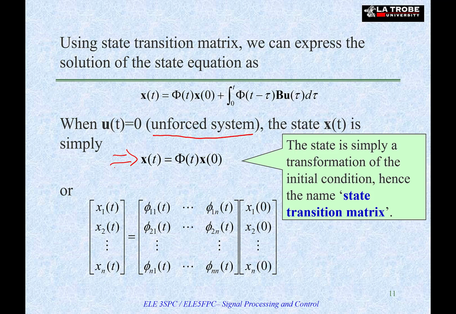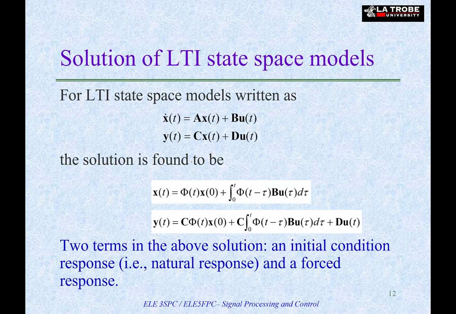If we expand the state transition matrix, it is an n by n matrix. With the state transition matrix, we can write the full solution to the state space representation. It is expressed by these two equations. In the expression of y(t), we can easily see two terms.